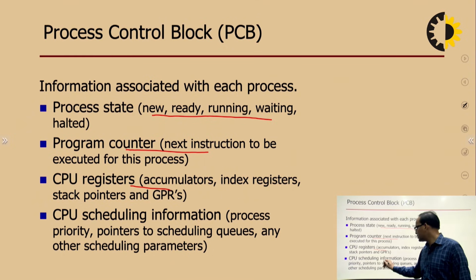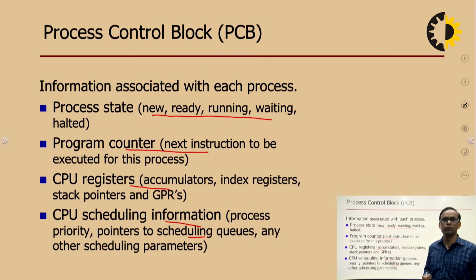In the same way, the CPU scheduling information. It means the processes are scheduled using which CPU scheduling algorithm, either FCFS or SJF, shortest job first. So scheduling information is also available. So process state, program counter, CPU registers, and CPU scheduling information, all this information about a particular process is stored in the process control block.